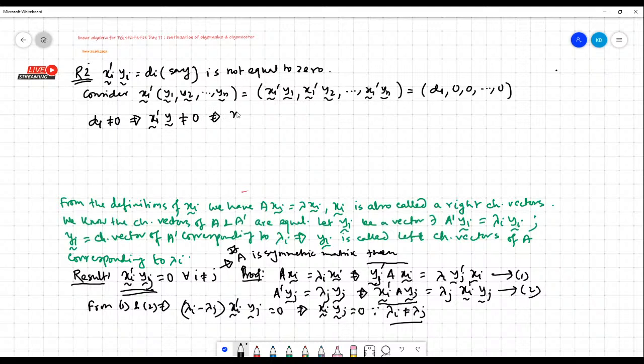So x1 curl does not belong to the orthocomplement space.